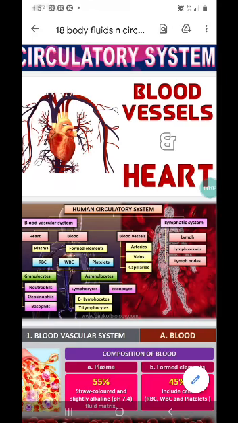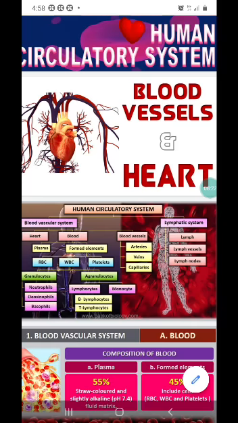Now coming to the human circulatory system, it consists of 2 types of systems. One is the blood vascular system, the other is the lymphatic system, which constitutes the lymphatic vessels, and the liquid flowing inside it is the lymph.